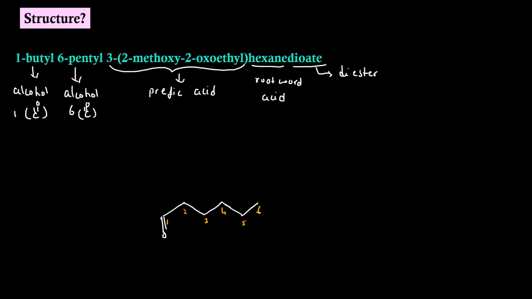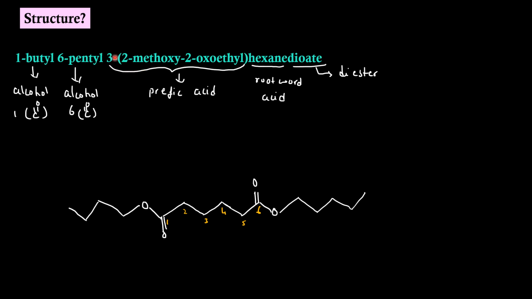Ester means we should have C double bond O and O. On the first carbonyl we have butyl, so 1, 2, 3, 4 carbon atoms. On the sixth carbon atom, pentyl, so 1, 2, 3, 4, 5.